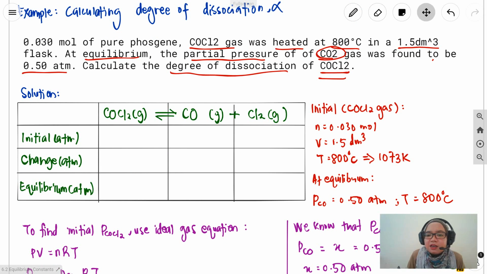So we got the initial COCl2 gas, n equals 0.030 mole, volume 1.5 decimeter cube, at temperature 800 degrees Celsius or 1073 Kelvin. And at equilibrium, the partial pressure of carbon monoxide is 0.5 atm at 800 degrees Celsius. So you need to find the initial pressure of COCl2 for you to find the X.